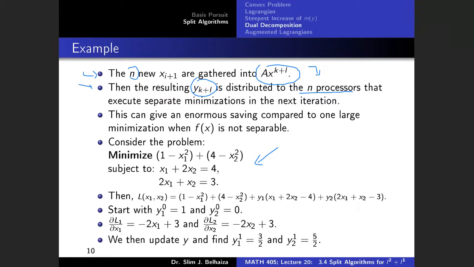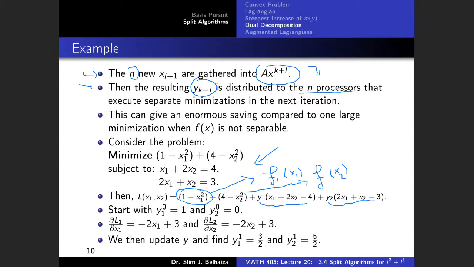So you can write it as you see here: 1 minus x1 squared, which is f1 of x1, and the second one, f2 of x2, which is 4 minus x2 squared. Now I'm adding the part y1 multiplied by the first condition plus y2 multiplied by the second condition. Got it? Okay, so let's start the algorithm.